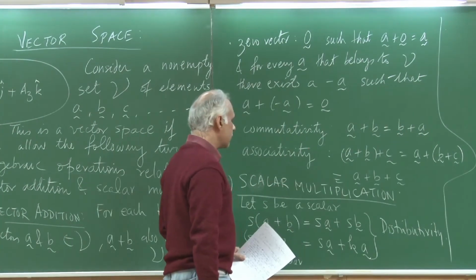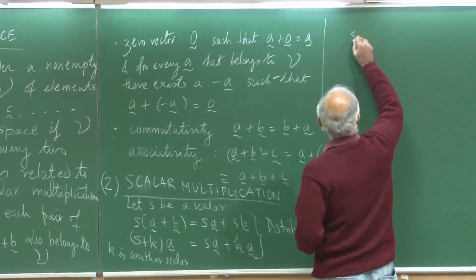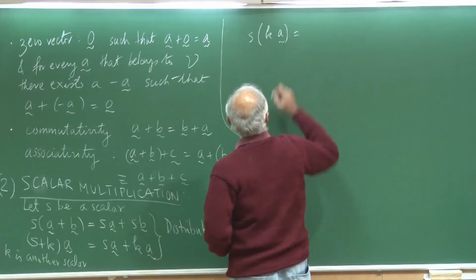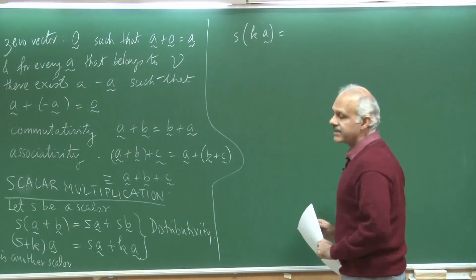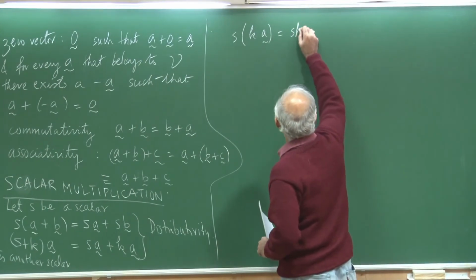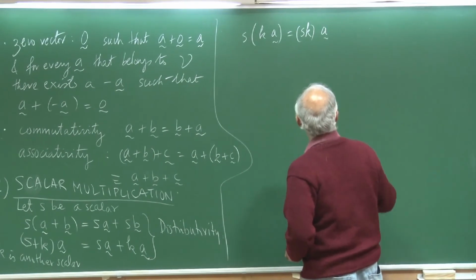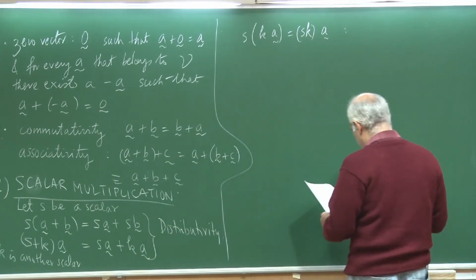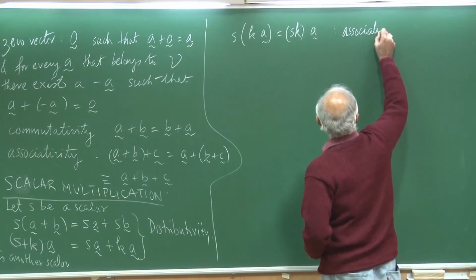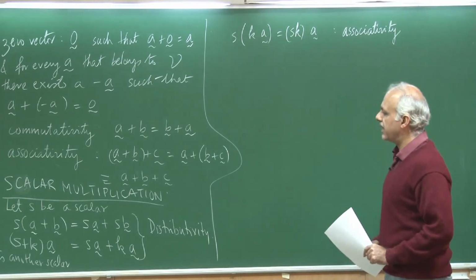We are also going to have an additional property, which is that if I take S times K times A, again S and K are two scalars, then this should be the same as SK times A. So this of course is a property which is associativity in the context of scalar multiplication.